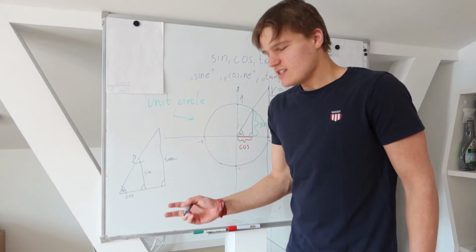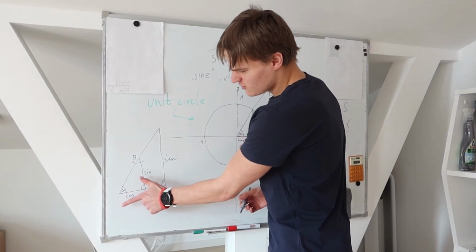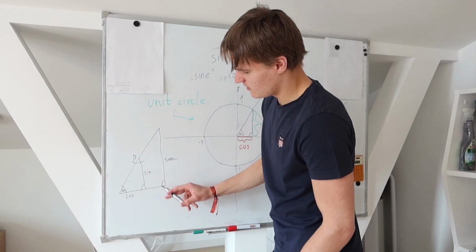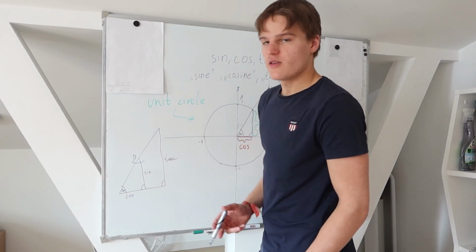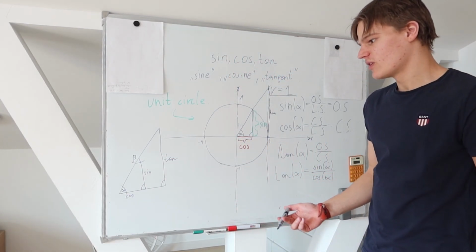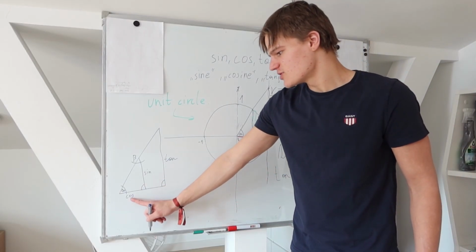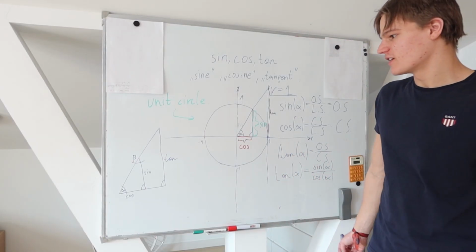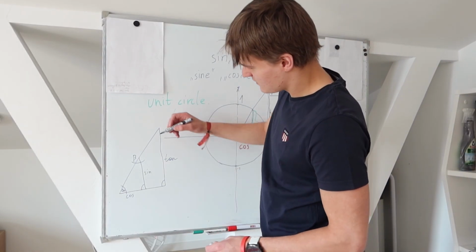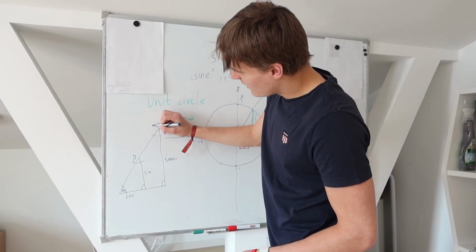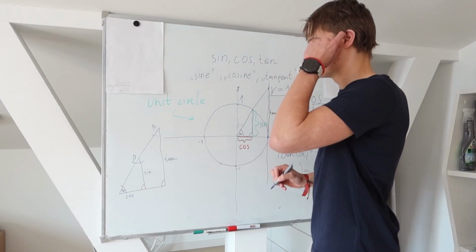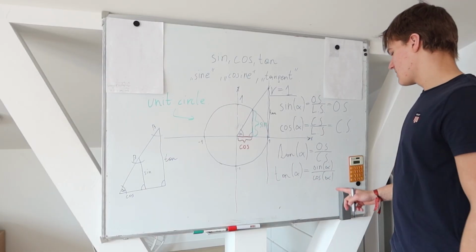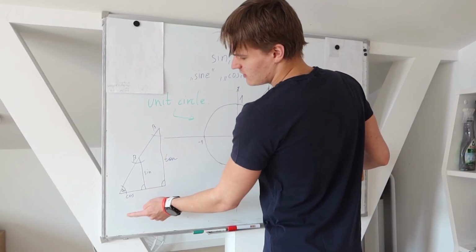But because you can see that the proportions of the big triangle and the small triangle are the same, the sine and cosine values are the same. So in this case, we can also put down beta right here, right? Exactly, good. And now the question is, why is the tangent the opposite side divided by the close side?